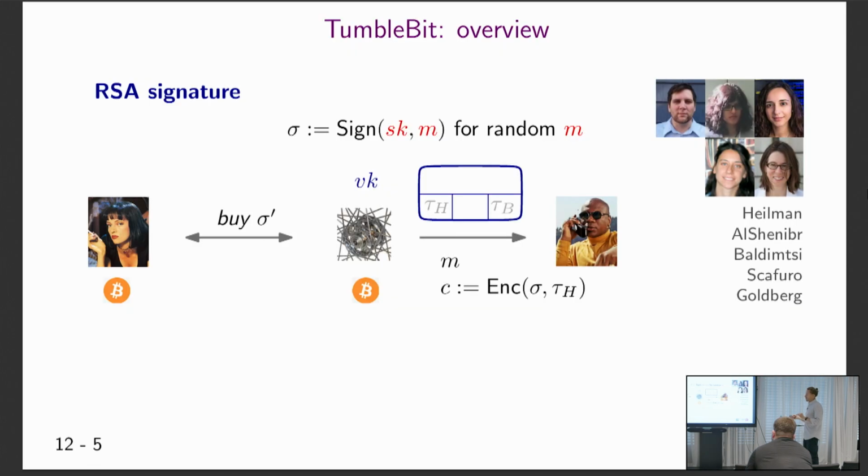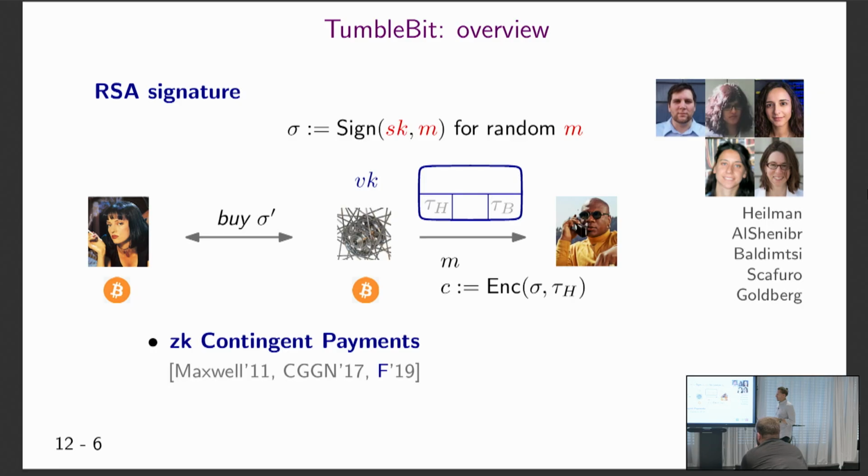On the other side, we have to work around the fact that you can't just encode RSA signatures in Bitcoin. But for that, there were already protocols such as ZK contingent payments, which uses zero-knowledge proofs to let you buy any information that you can efficiently verify, any witness of an NP statement, for Bitcoin in a fair way.